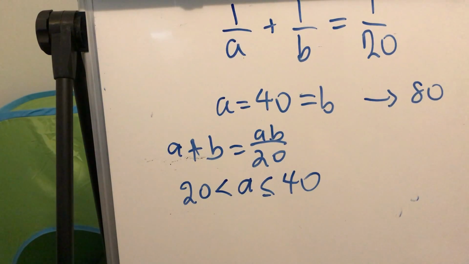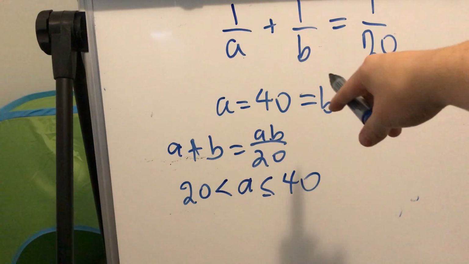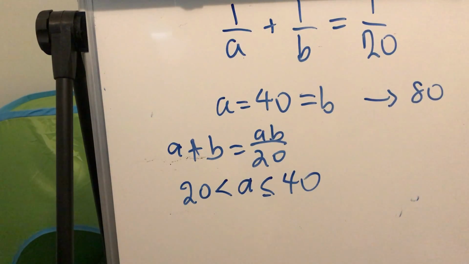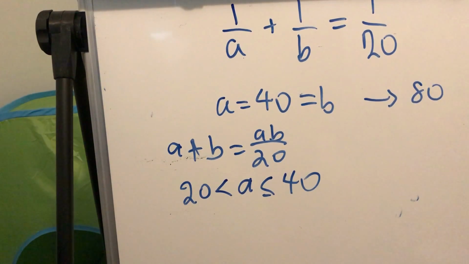And so if you didn't have a good way of really finding it straight away, you could just go through all the cases. Another thing you notice is the closer 1 over a is to 1 on 20, the bigger b has to be, because the difference is small. So you're more likely to try stuff close to 20 than close to 40.